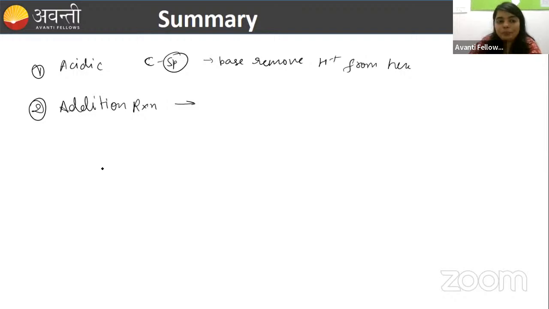Benzene we get from acetylene, and mesitylene we can get from propyne. Okay, so addition reactions we have discussed.